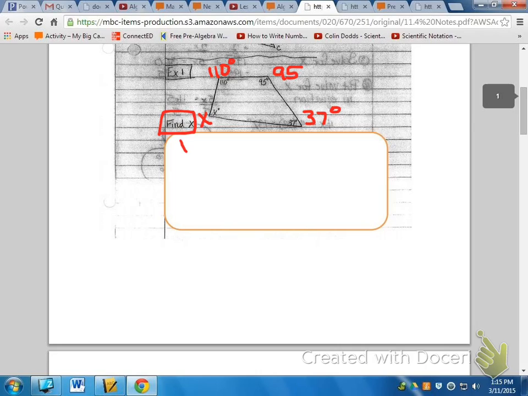I'll start with X and go clockwise: X plus 110 plus 95 plus 37 equals 360, because all of the angles add up to 360.